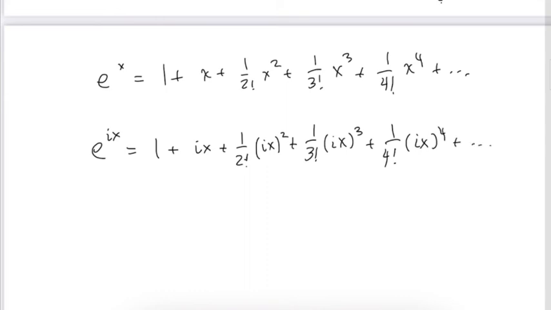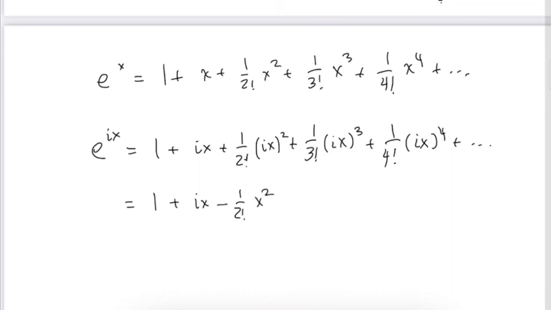Now, we can simplify this by doing those powers of i. Split out the powers of i in there. This says 1 plus ix plus 1 over 2 factorial. This will be i squared times x squared, but i squared is -1. So actually, I'm going to write it this way. Minus, right? i squared is -1.